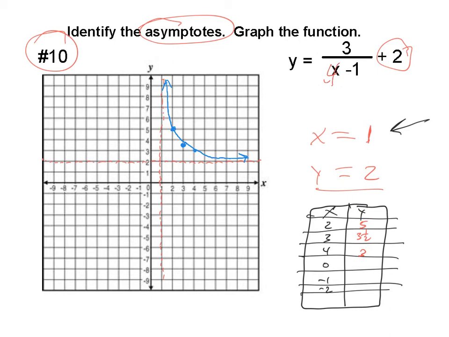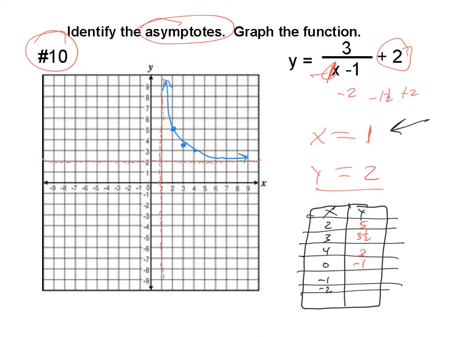If I put a 0 in for x into my equation, I would get -1, right? So 3 divided by -1 would be -3, plus 2 is -1. So 0, -1. Let's put -1 in there next. -1, take away 1 more would be -2. So I get -1 1/2, right?